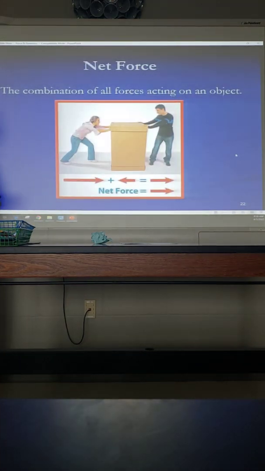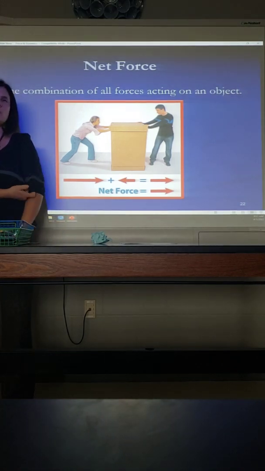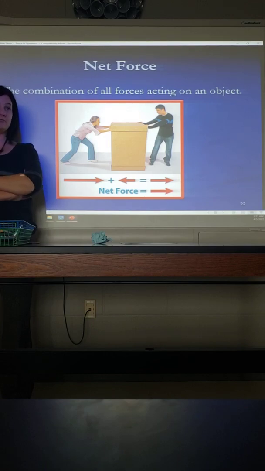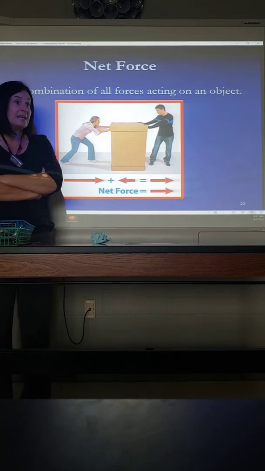Net forces are basically a combination of all the forces. Years ago, someone asked, is Netflix called Netflix because it's like the sum of all videos, all shows and movies, everything in one location? I said, I don't know, that would make sense.